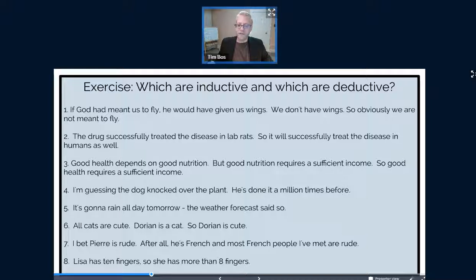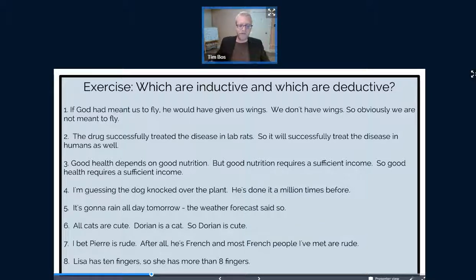I'm saying dog instead of he, and knocked over the plant instead of it. If I were to put it into premise conclusion format, just to remind you, you weren't asked to do that, but I'm just reminding you, that's what you would do. The dog has knocked over the plant a million times before. The dog knocked over the plant.